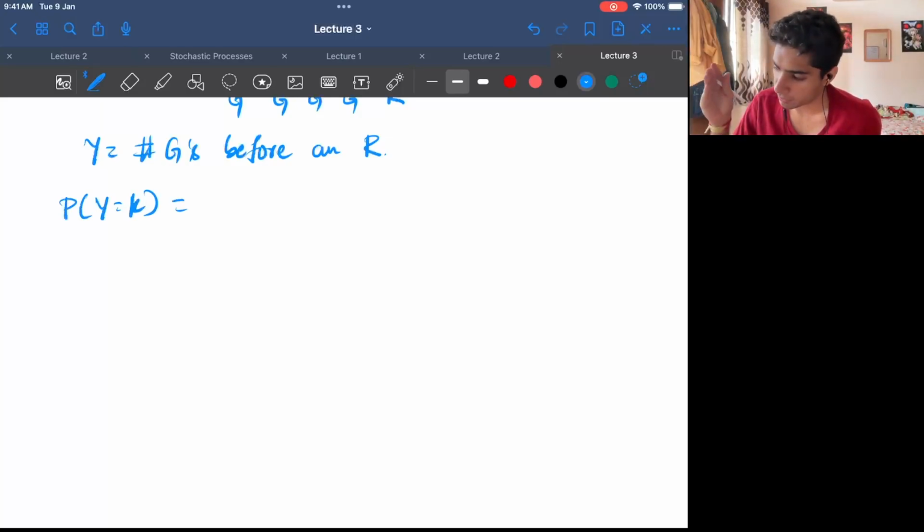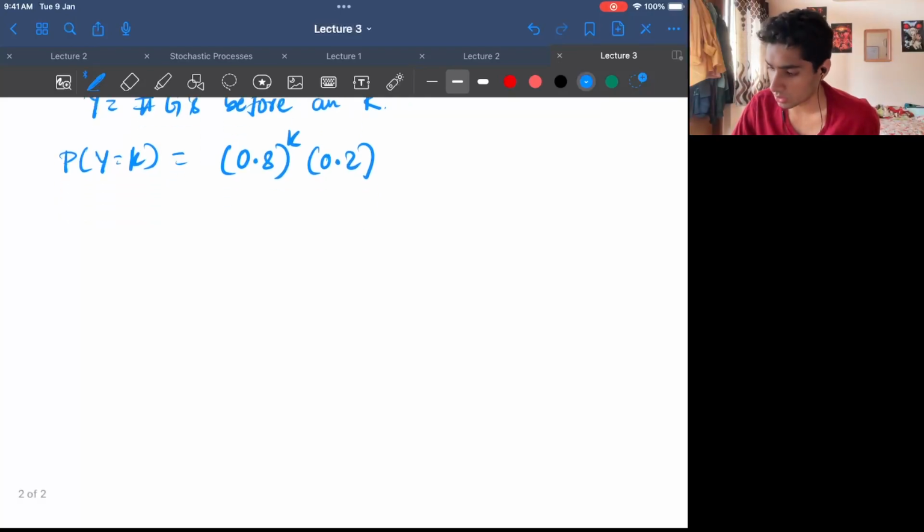If you want k number of g's before r, you have to ensure that all of the first k traffic lights are g's, right? And what is the probability of that? The probability of that is 0.8 raised to k. And you also have to ensure that the last one is red, so that is going to be 0.2.